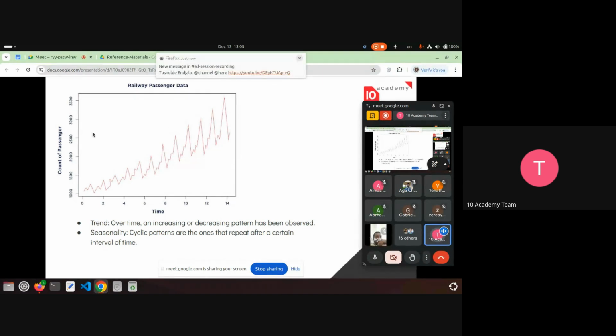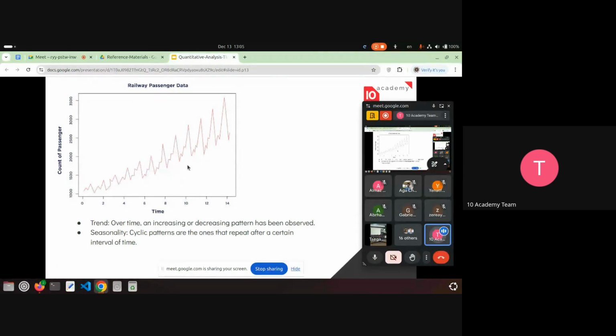This is a count of passengers at different times during the day, different hours, and this is the number of passengers.